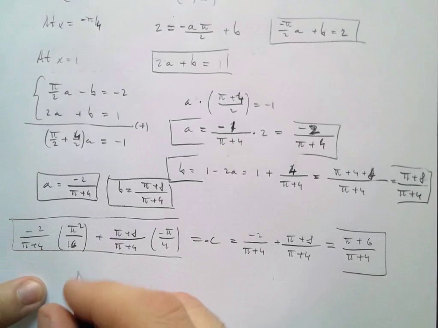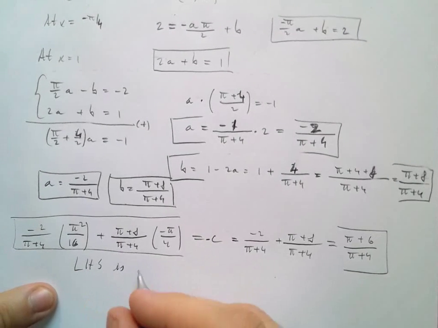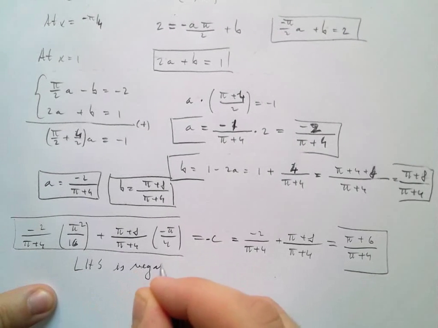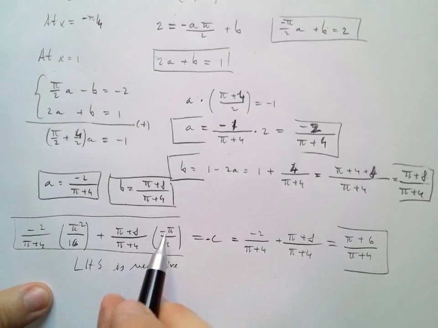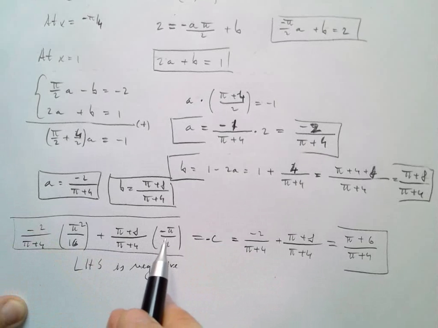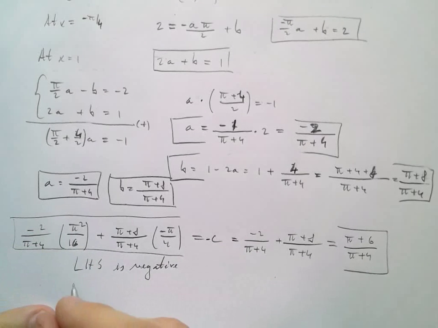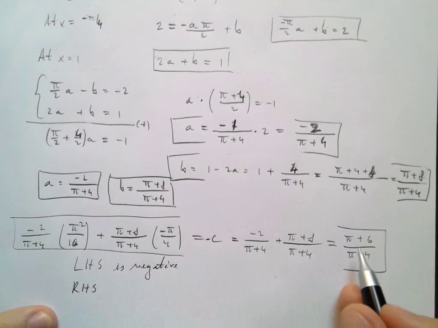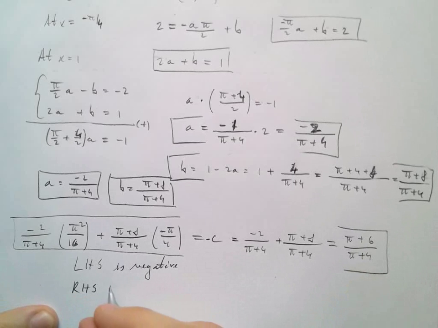But notice that the left hand side is negative, right? Because these are all positive quantities and they all have a negative sign attached to them here and here. Whereas the right hand side is definitely a positive number.